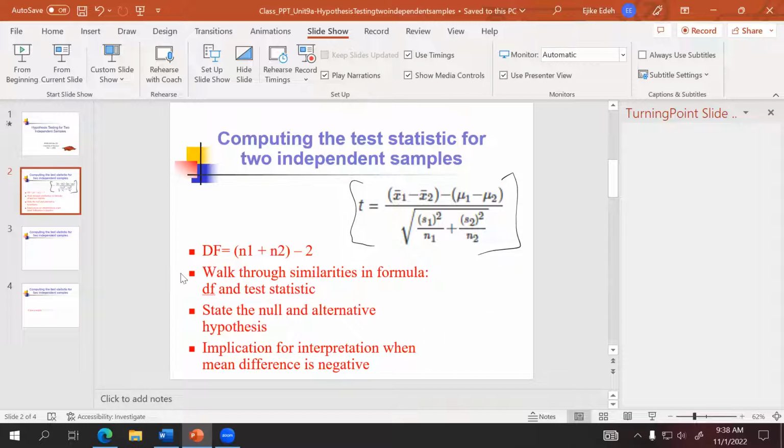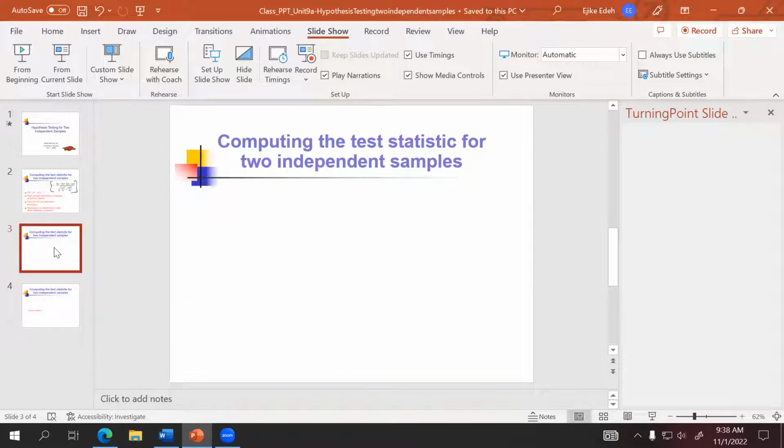But just as a quick review, how we got to this point: in chapter 8, we were dealing with one sample. So this would be a situation where you are given a population mean. Let's say, for example, we are comparing blood sugar level of a sample of people with those in the population.